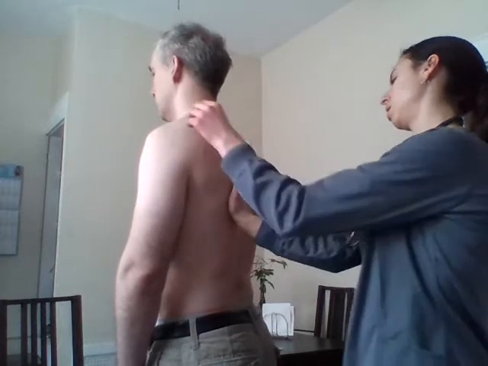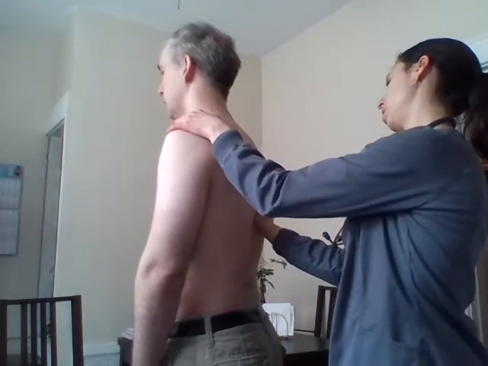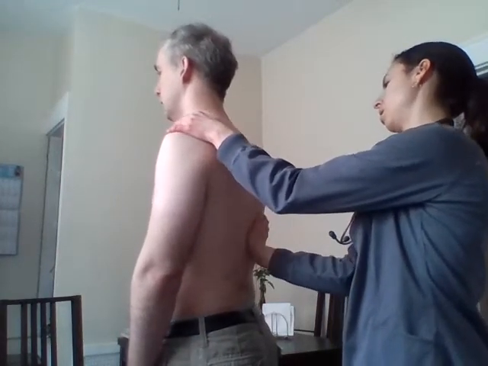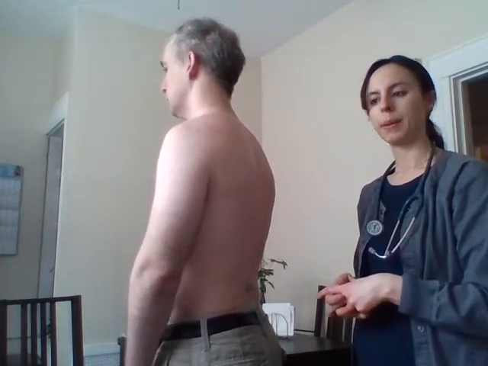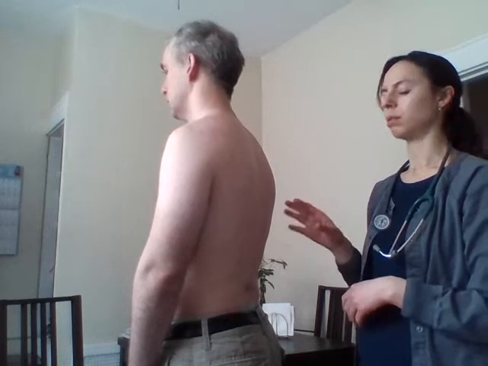Okay, and I was doing a side-by-side comparison, and symmetry in the vibrations is really what's important. And he was symmetrical on both sides. So that's what we wanted.